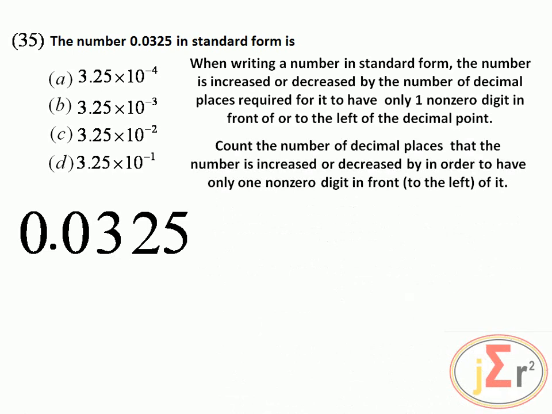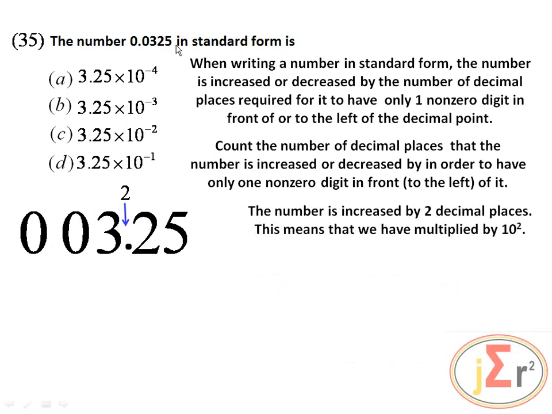Count the number of decimal places that the number is increased or decreased by in order to have only one non-zero digit to the left of the decimal point. We haven't moved as yet, so 0. First movement is 1, second movement is 2, and we are right there. 2 places of decimal.